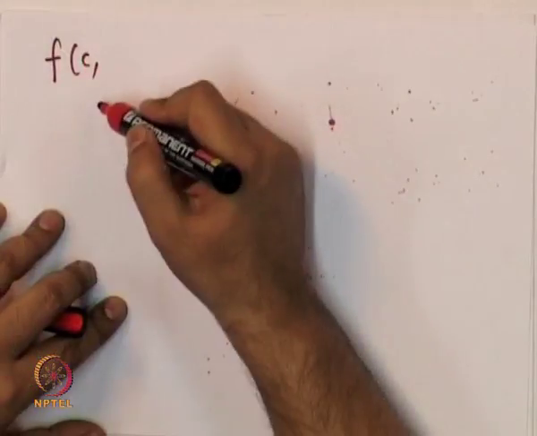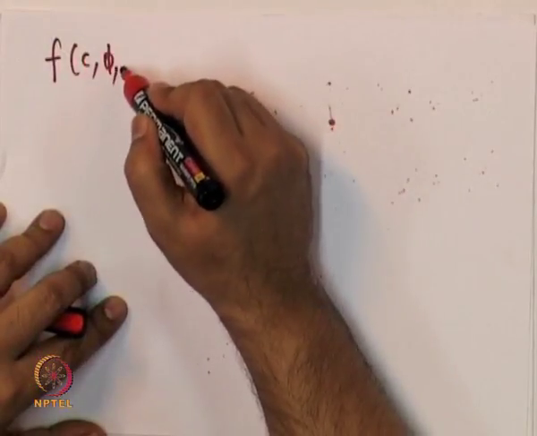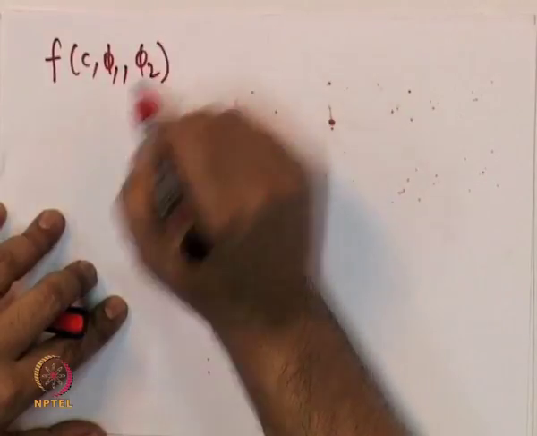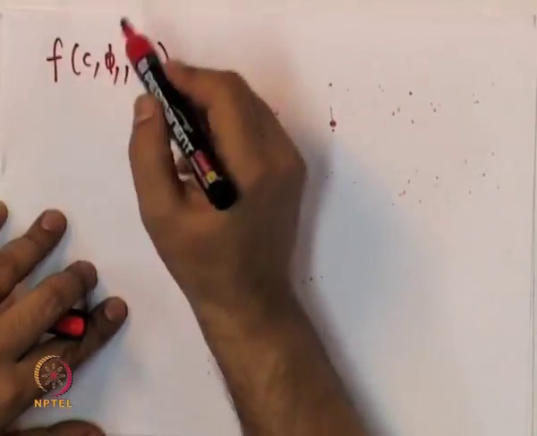So, what is the free energy functional that was used in terms of the free energy structure? What Subhradeep used and what Rajdeep used, they are not very different, but we will go with what Rajdeep used. So, the free energy now is a function of C, phi 1 and phi 2. So, this is the bulk free energy density, right.